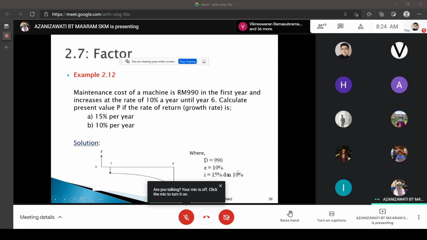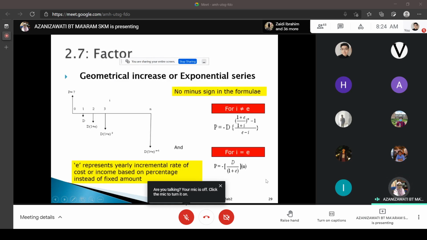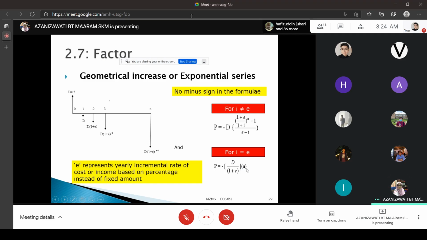And then the second one is 10%, so you use another formula where I equals E. So this one is 990 per 1 plus 0.1, N is 6.